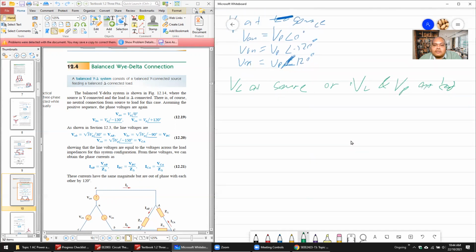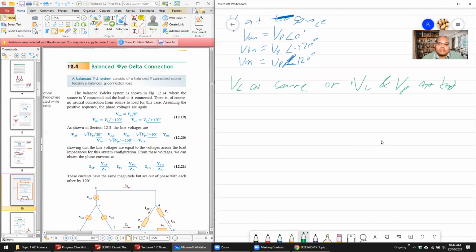So how to calculate this? Because this is a balanced load, you can just use the formula. You can use VAB equals VAN minus VBN because of Kirchhoff's law, but this one is for unbalanced load.